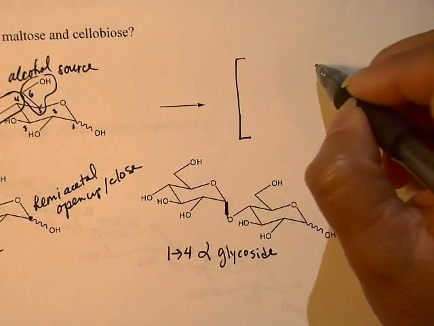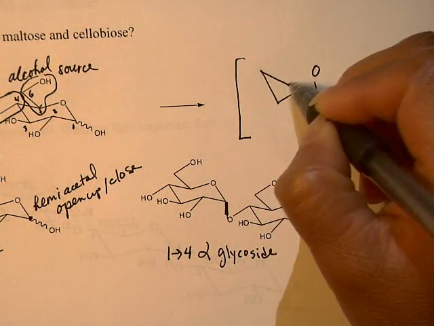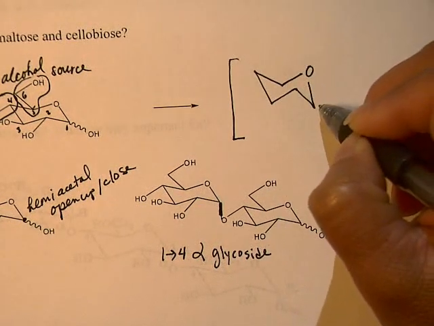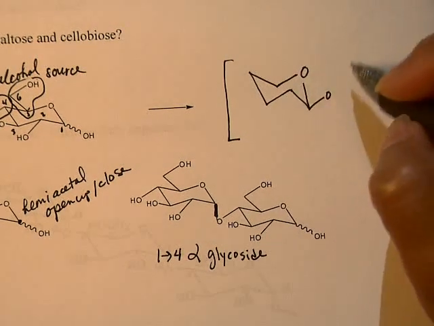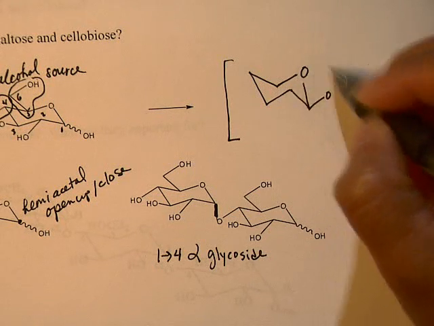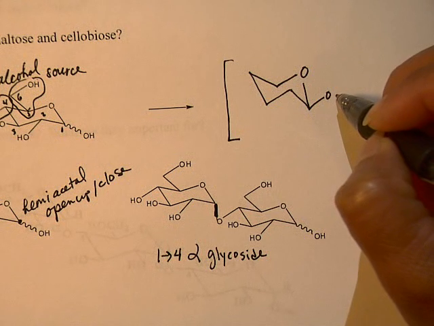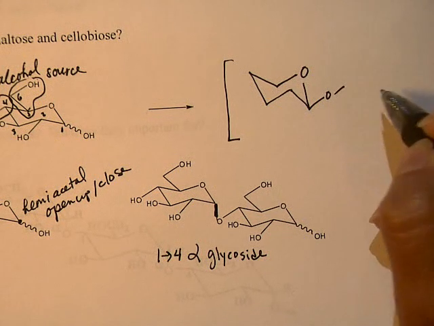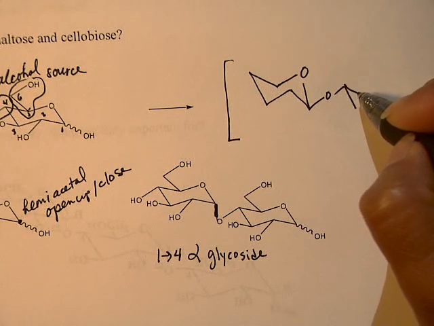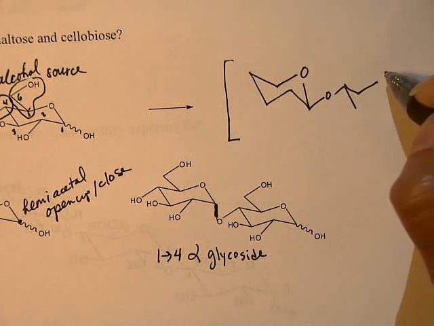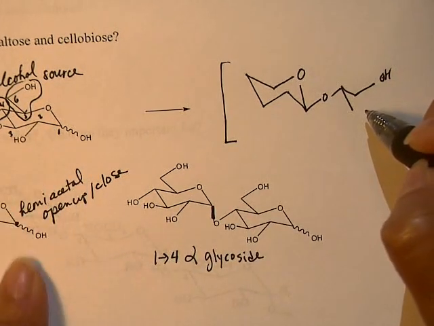I'm just going to draw a very crude drawing of what it would look like. If we have the first sugar in the acetal stage, I'm not going to draw in all the OHs so that you can focus on the carbons that are important. This doesn't open up, but notice that the second monosaccharide will open up and close.